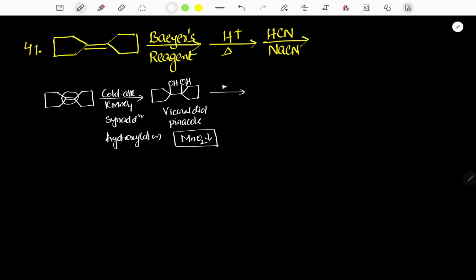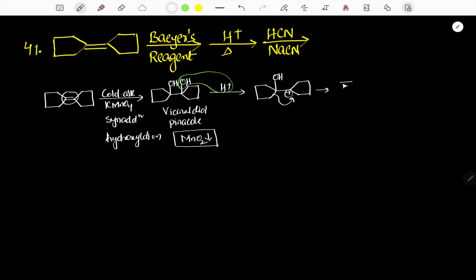Now it is treated with H plus, and the alcohol group is present and H plus is present. Therefore, we can expect that we can simply remove the H2O in the presence of acidic medium, and it can form the corresponding carbocation. Once the carbocation is formed, we expect a ring expansion here.